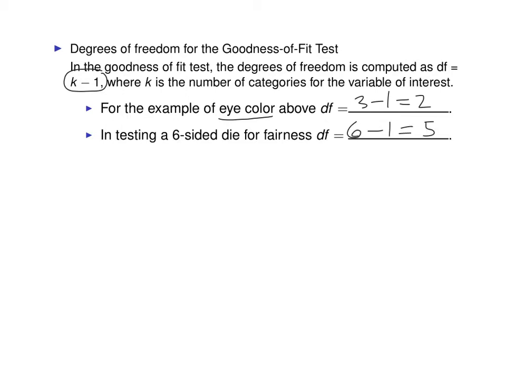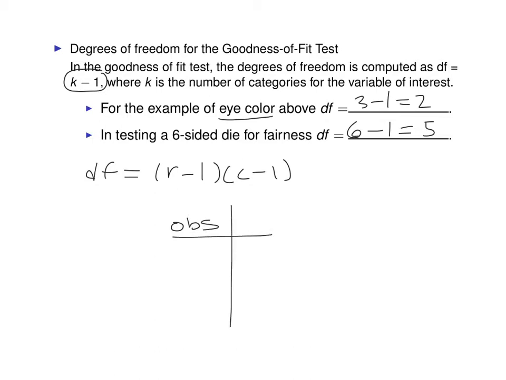This actually is the same formula as df equals r minus 1 times c minus 1. And the reason is, if you think about it, you have one row that's your observed and one that is your expected in every table you're going to have in these cases. And then you're going to have category 1, like a die, rolling a 1, rolling a 2, 3, 4, 5, 6.